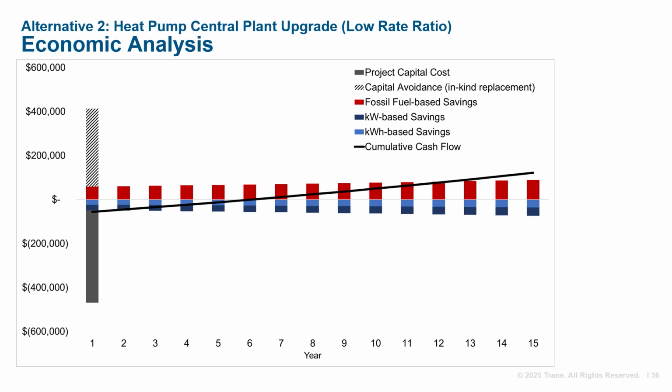The project capital cost exceeds the capital avoidance, our baseline cost. The cumulative cash flow savings, the black line, starts in the negative, but is sloped upward, which means this will pay off over time. It crosses the x-axis at year 5.5. So this could be a good investment.